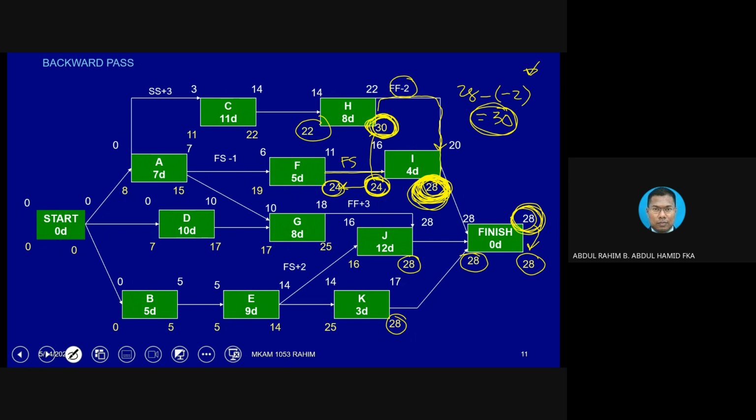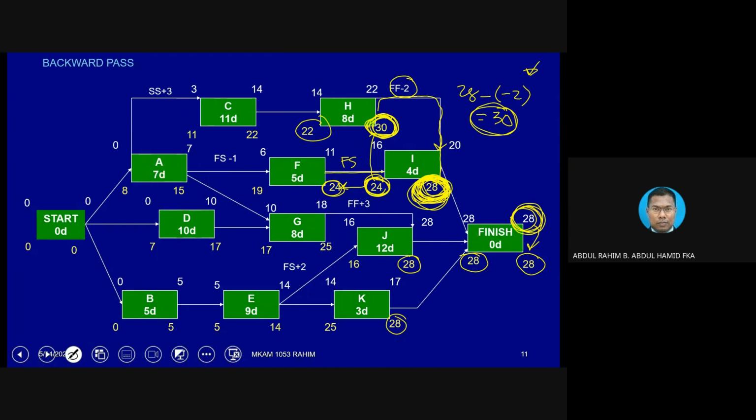If you are not being careful, from the calculation concept, it is right. That is the way to do it. But you miss one thing. Remember we told you, when we do the forward pass, we take the bigger value to put into the box there.